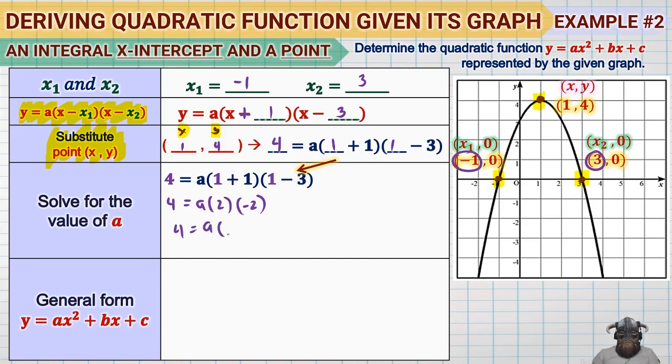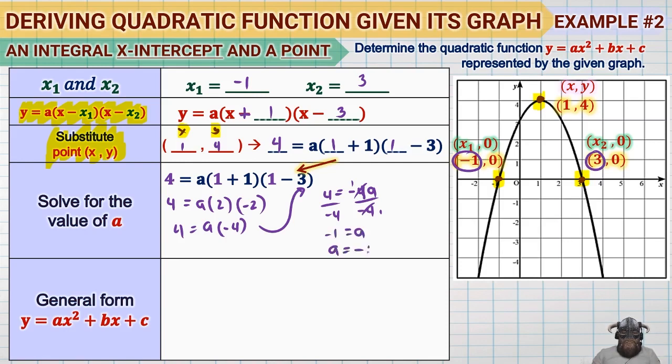Simplify natin by multiplying 2 times negative 2. That will be negative 4. So, lagay natin dito. 4 is equal to a times negative 4. That will be negative 4a. Yan. Then, right now, we can divide this both by negative 4. Negative 4 divided by negative 4 is 1. Then 4 divided by negative 4 is negative 1. So, a is equal to negative 1.